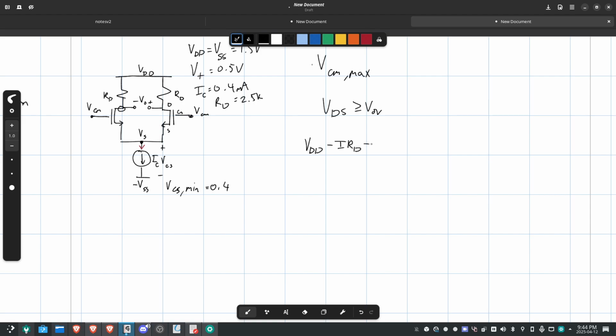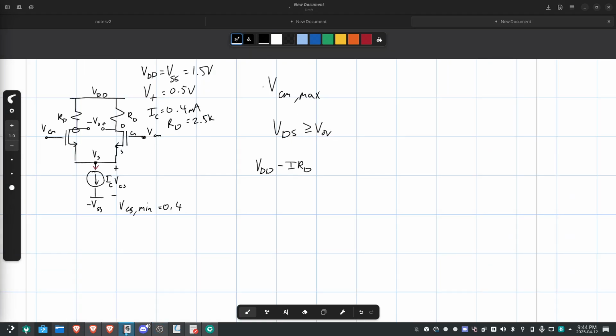IRD minus VDS minus, well, actually, we'll keep it there. We'll keep it there for now. That can be simplified to plus VS. Wait, can it? 1 second. Okay, sorry. We solved this a little differently because we don't actually know what VCS is here.